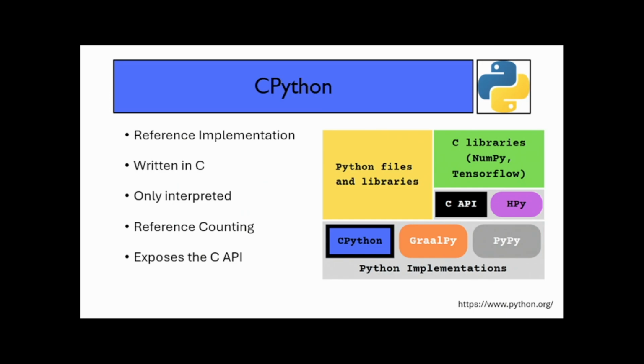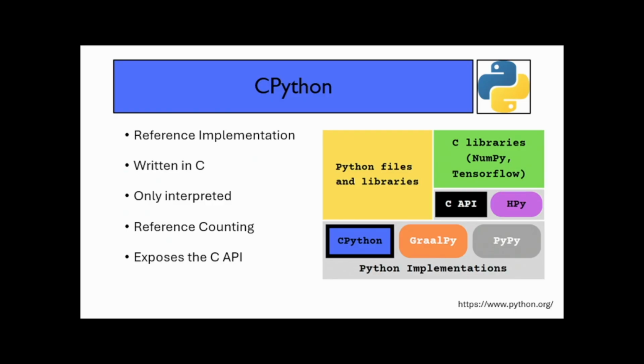Okay, so first, what is CPython? CPython is the reference implementation of Python. It's the one you've all most likely used. If you were at this conference, you'll almost certainly have used it. And it is written in C, hence the name. It is only interpreted, so there's no other funky things going on in the background. And it uses reference counting for its memory management with a cyclic garbage collector on top. No need to worry about that.